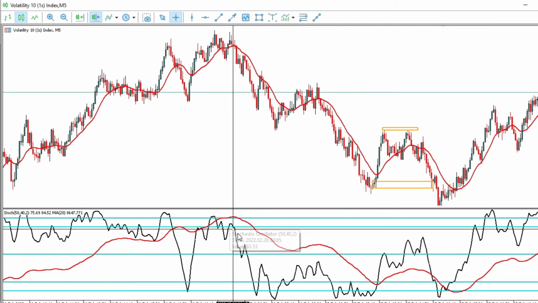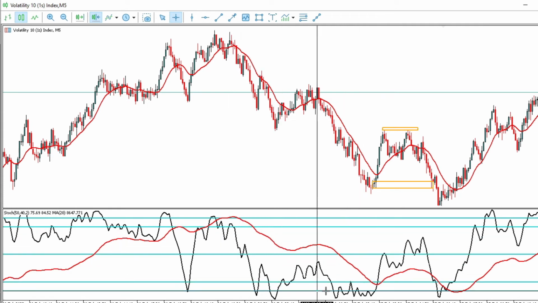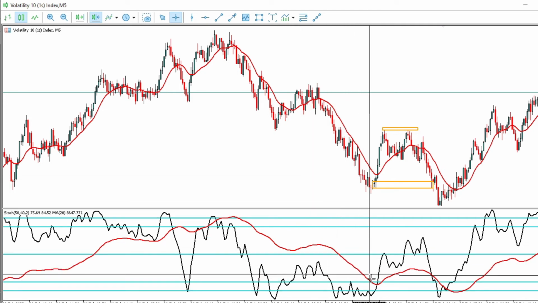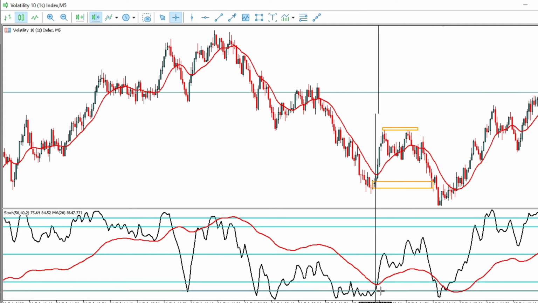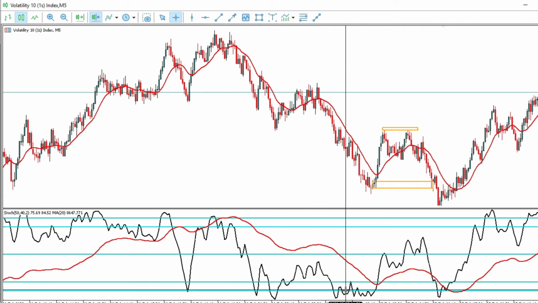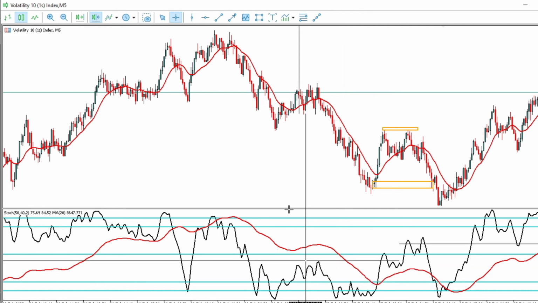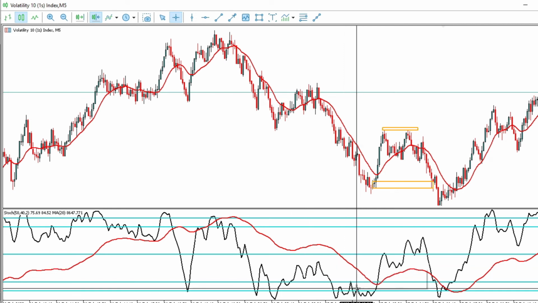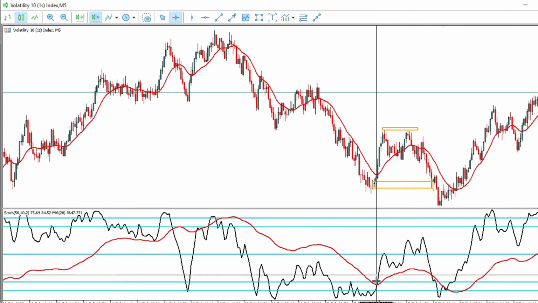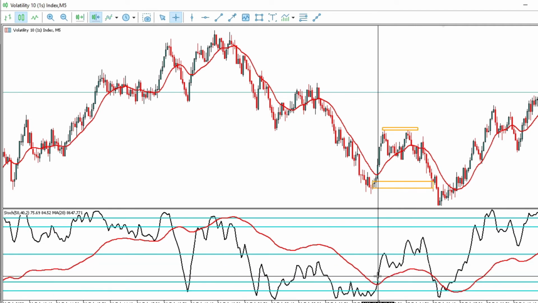Whenever this stochastic comes down, it starts to indicate to us to prepare and wait for this moving average to reach this level. Because the stochastic had already shown us that the market is soon to get oversold, and it gets confirmed with our moving average. So it crosses it from down. You get it?